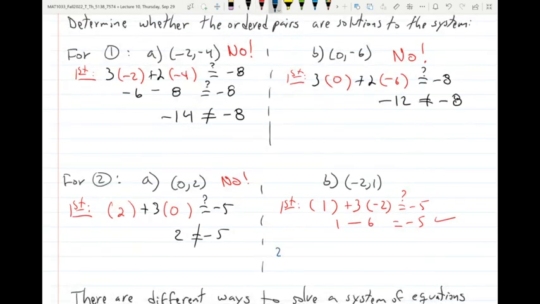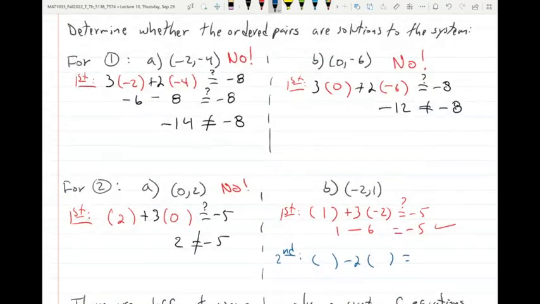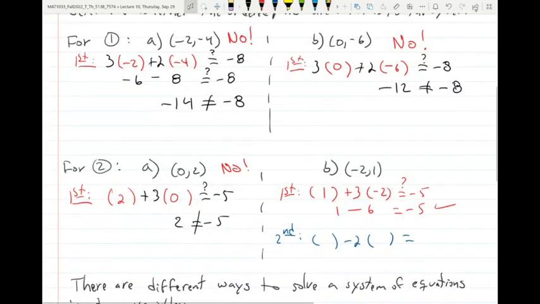And then for the second one, it was x minus 2y equals negative 4. So negative 2 minus 2 equals negative 4. Yes, that's good. So that's a big yes. So that's a solution. Any questions?